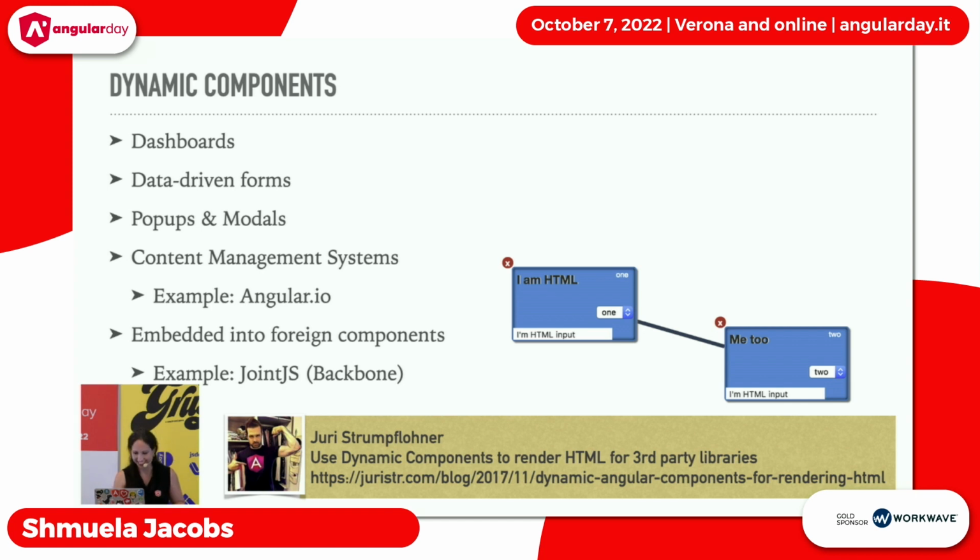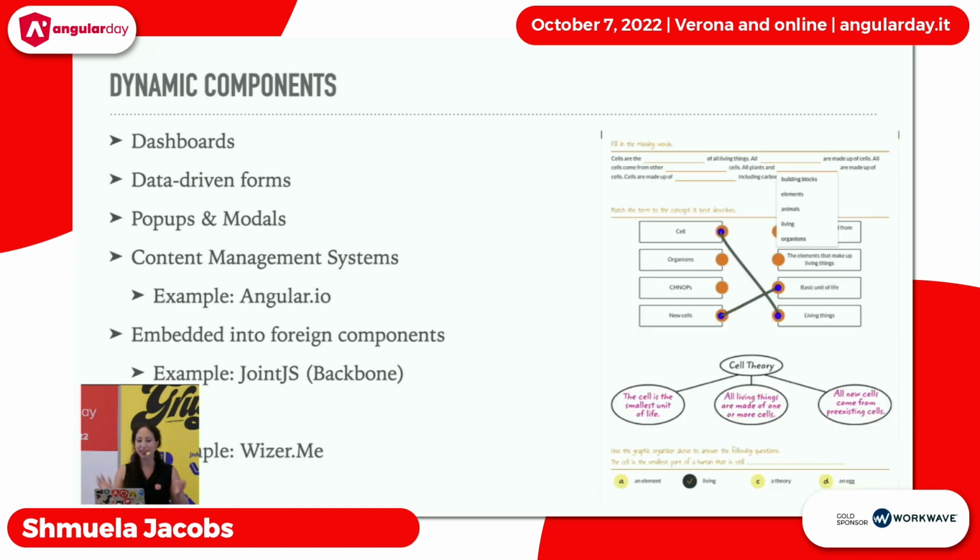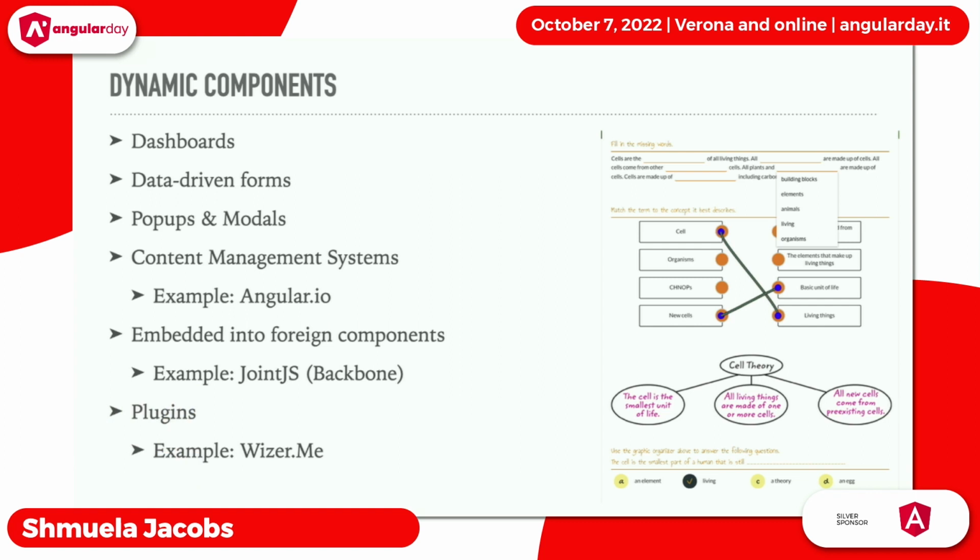And another example, Wiser.me. They're doing worksheets for schools where you have different types of questions. Usually you would draw this on paper and make copies of it for all the students, and it's fun, but it's more engaging when it's online, on the computer, and you can even get more data and process it.